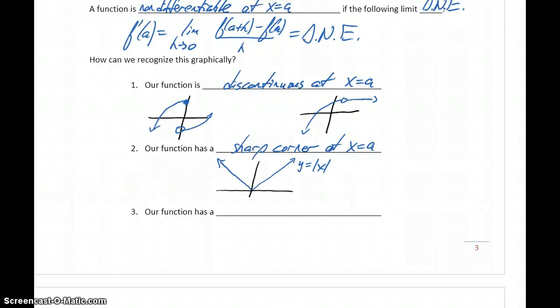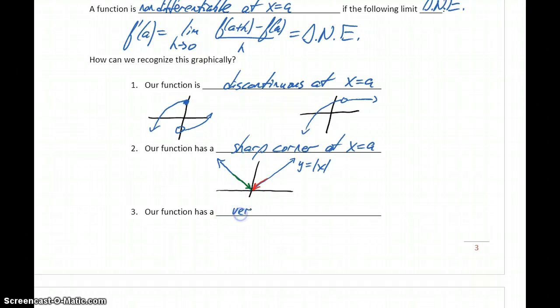And the reason we would say that the derivative doesn't exist here is because as we approach from one direction, our function is decreasing. But as we approach from the other direction, our function is actually increasing. So our function can't be increasing and decreasing at the same time, at least with regards to this instantaneous rate of change. So we would say the derivative does not exist at x equals 0.